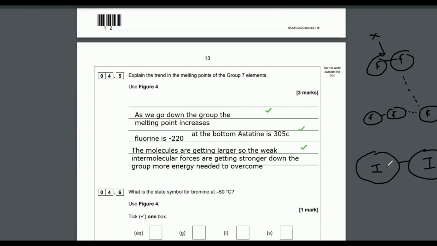Fluorine's only got two shells, iodine's got five electron shells, so it's a lot bigger if you were to draw it out. Iodine's bond is actually weaker than fluorine's bond, but that's not the point. When you're melting iodine, you're not trying to break this bond, you're just trying to break the intermolecular forces. And because iodine is bigger, it has stronger or more intermolecular forces, which are more difficult to overcome. So that's your reason.